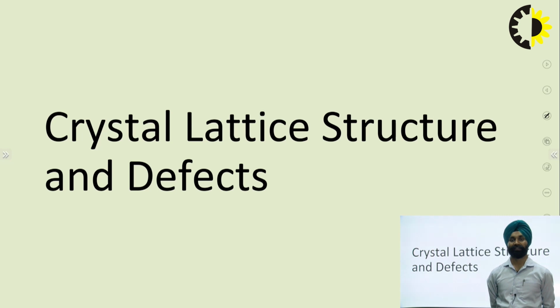Tensile strength, melting point, all these things are dependent upon the lattice. So in this lecture we will discuss the lattice structure of silicon and how it is used for better preparation of the ingot or silicon wafer.